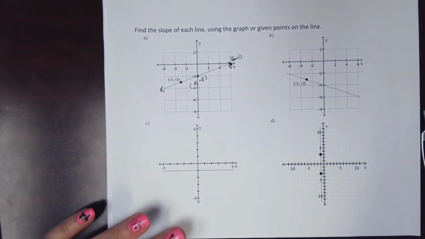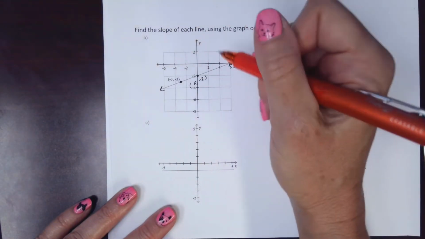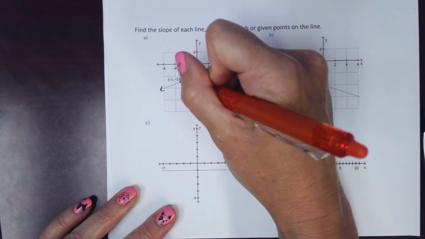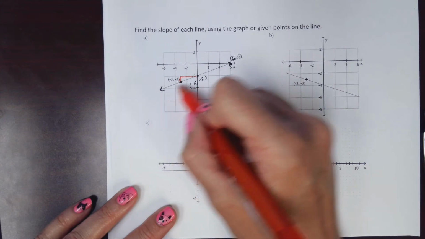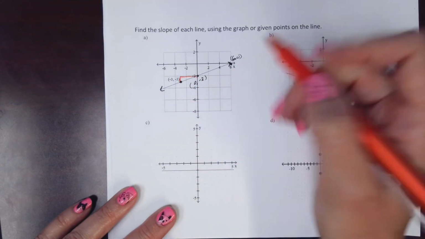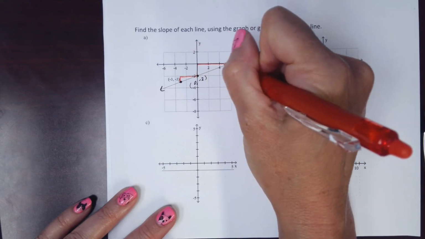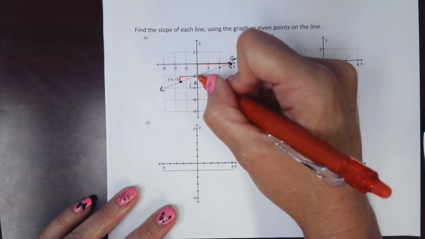So when I'm talking about slope, I'm interested in rise over run. So how far am I going up and then over? This is my rise, my vertical increase. This is my run. My slope is going to be positive because I see that as I move left to right, it's going up. This one is a little easier for me to see and to measure exactly. If here on the y-axis I'm at negative 2, I go up to 0.